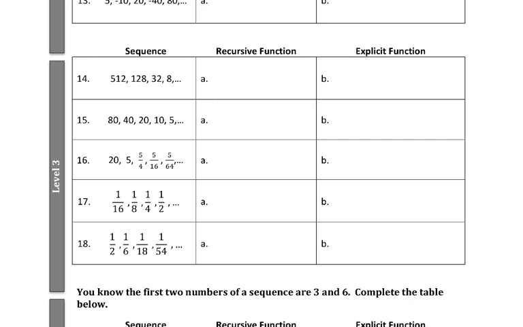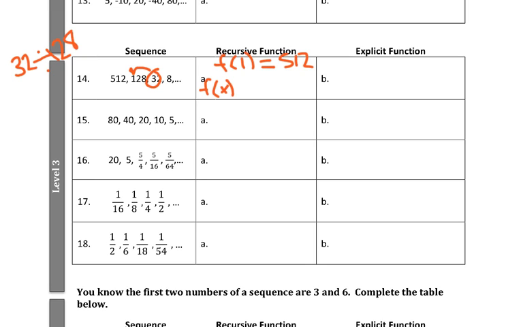You can use any calculator. But if I take 32 and divide it by 128 in my calculator, it's going to give you a crazy fraction. And you can have the calculator turn the fraction into a decimal. And you're going to see that the constant ratio is 1/4. So the first number in this sequence is 512.